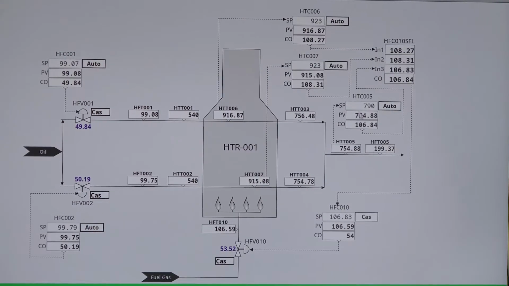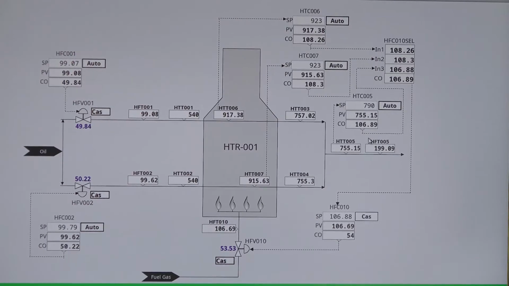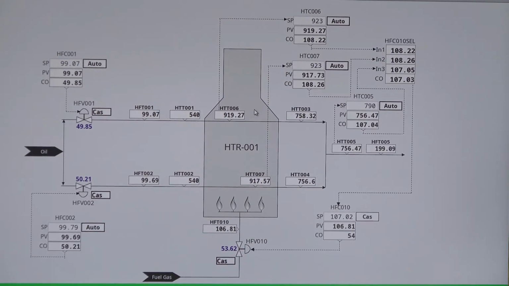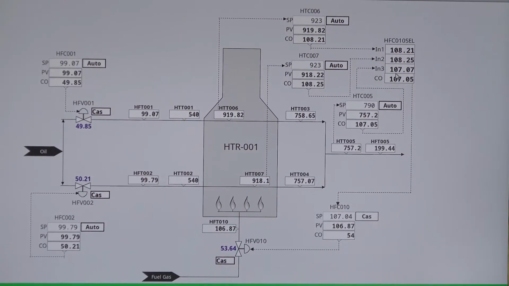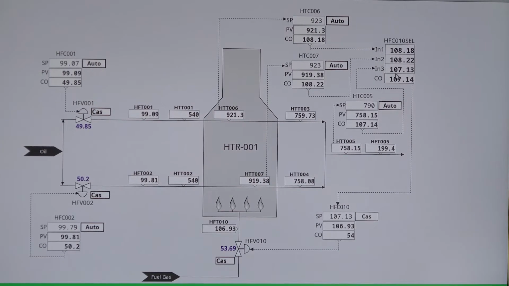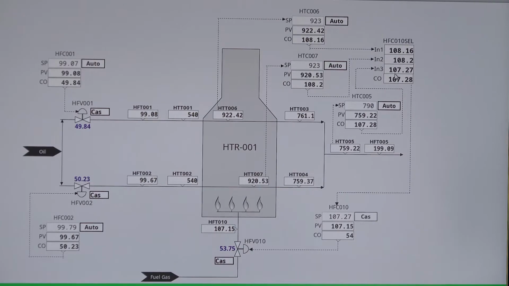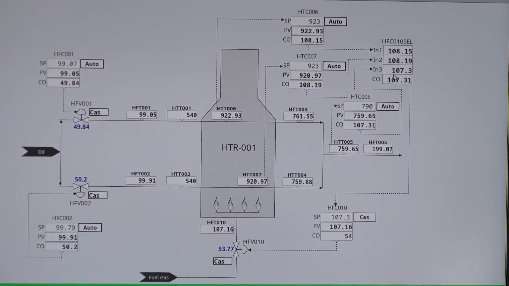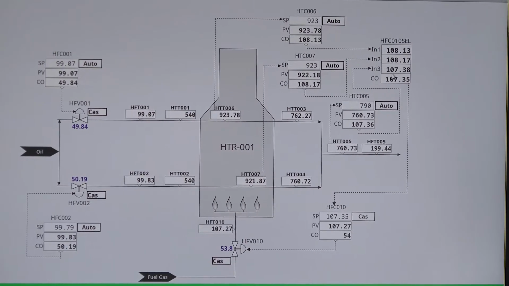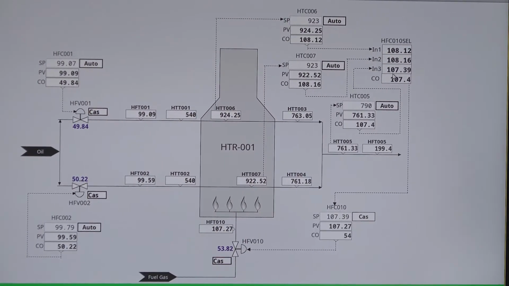And when this controller, that's controlling the outlet temperature, calls for more fuel gas than this controller that's looking at the tube skin, then this one gets selected and it overrides what the outlet temperature is calling for. So this is called an override control strategy. And this is an example of a very conventional control strategy that you can build using PID controllers, select blocks, and so on in just about any distributed control system.